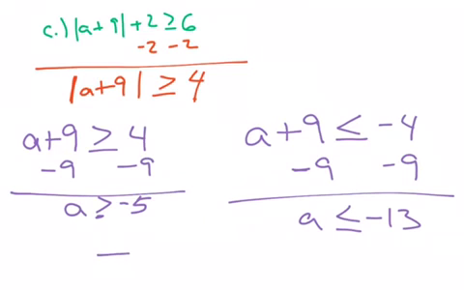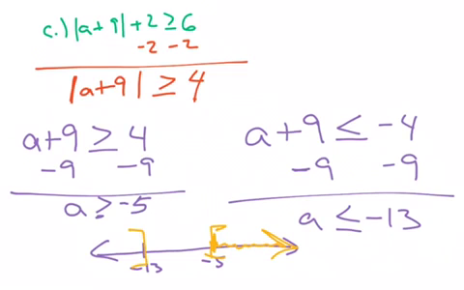Okay, so now if I draw my number line, if it's greater than or equal to, then we're going to say it's this direction out here, or if it's less than, it's this direction out here.